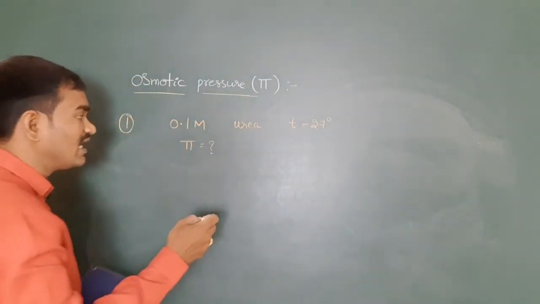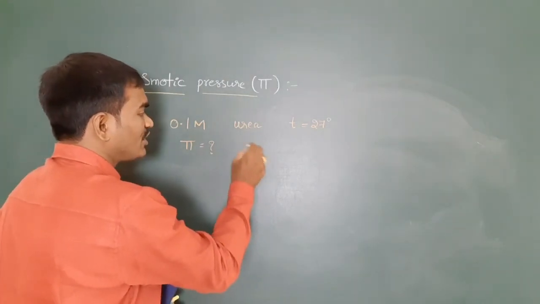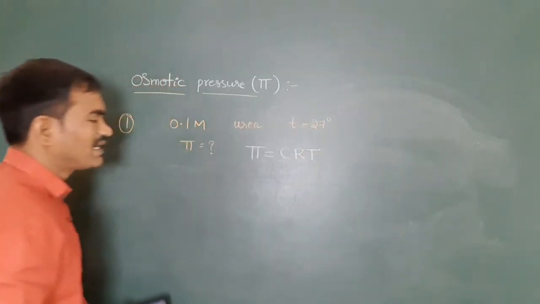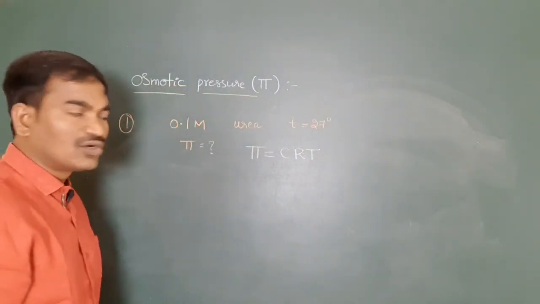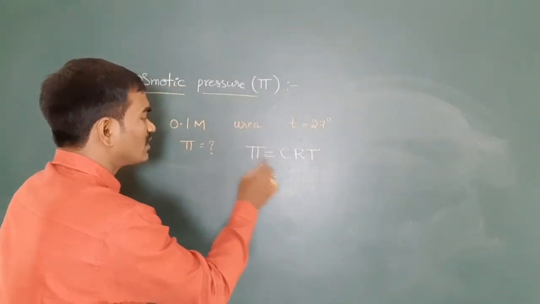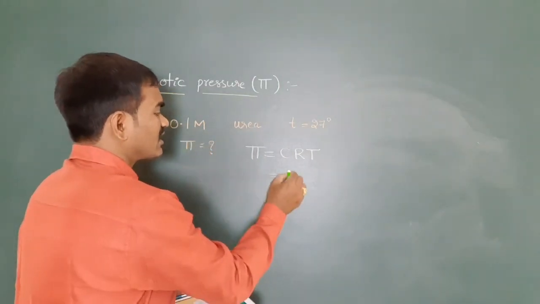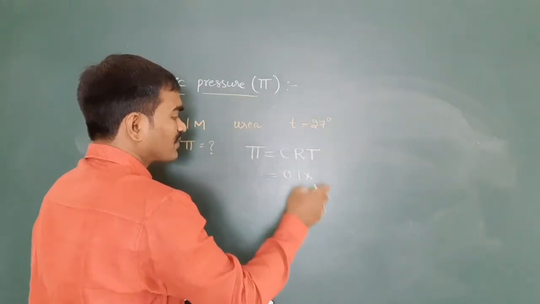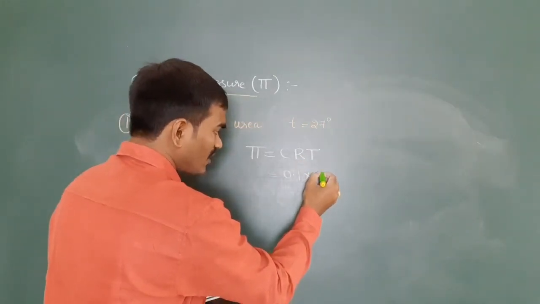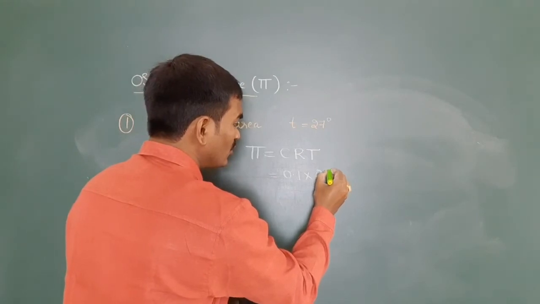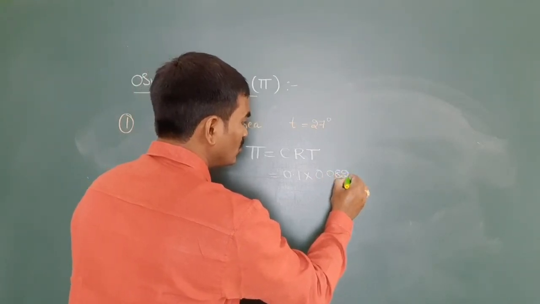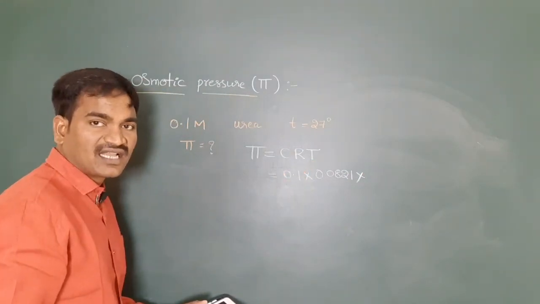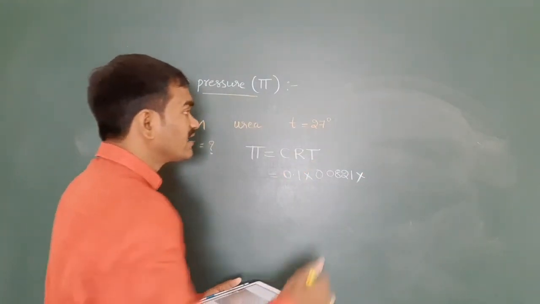We all know very well what that is. Pi is equal to CRT. C is the concentration, 0.1. R is 0.0821, into the temperature, which we have to take in kelvins.